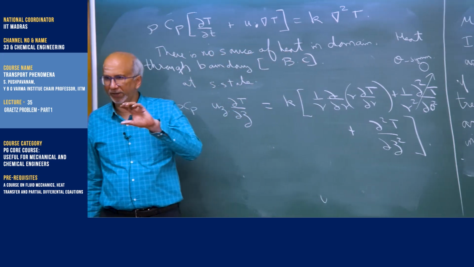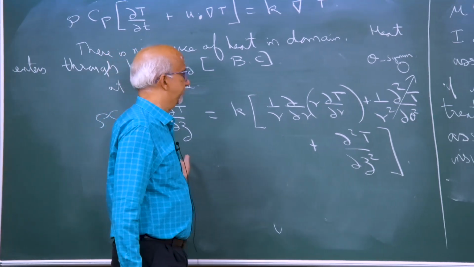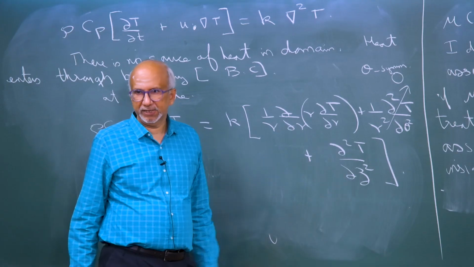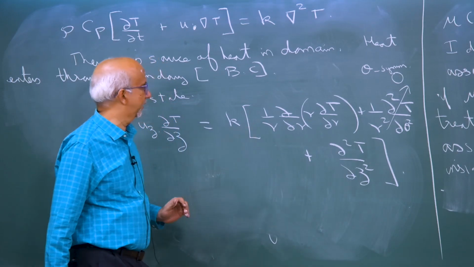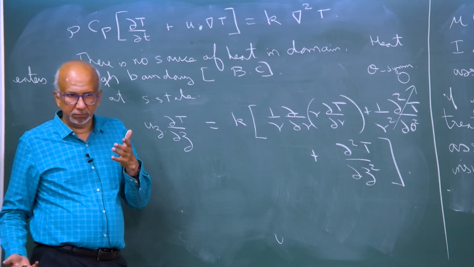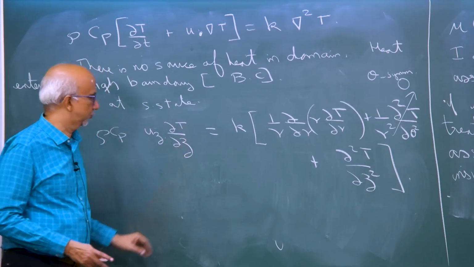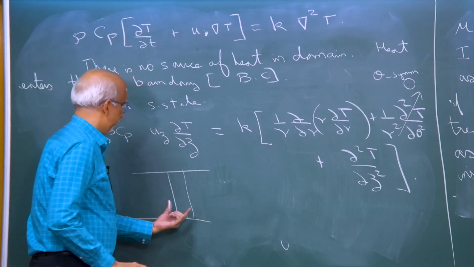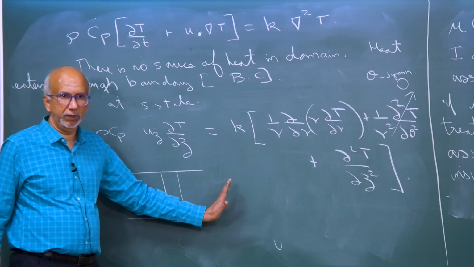So, basically what we are trying to tell you is we have convective flux of energy and we have diffusive flux in the r direction and the z direction. This is the energy balance. If you look at a shell, I have flow which is bringing in heat. If I take a small shell here of thickness dz, this is telling me what is energy coming in, what is energy going out.